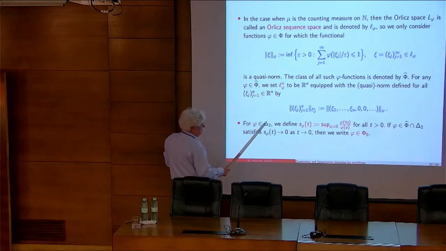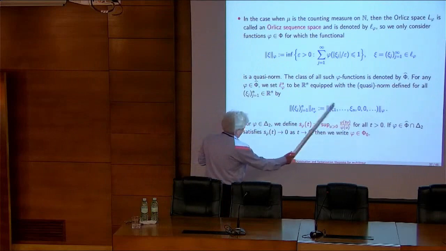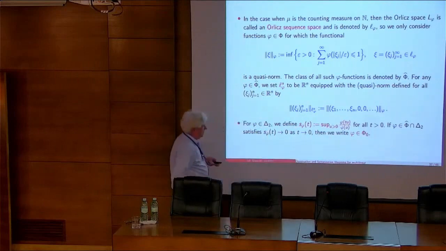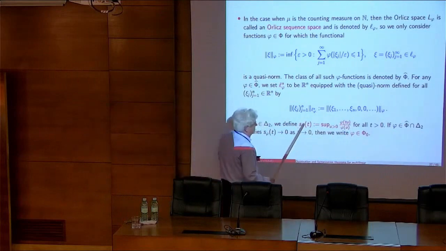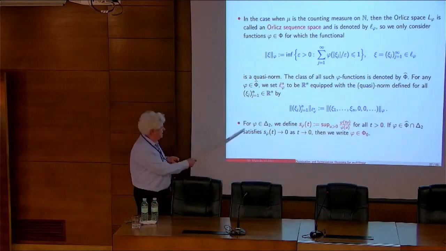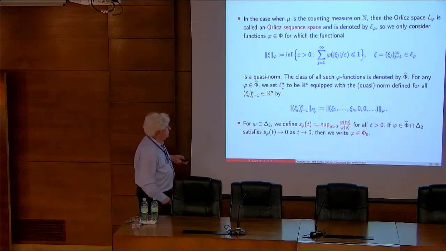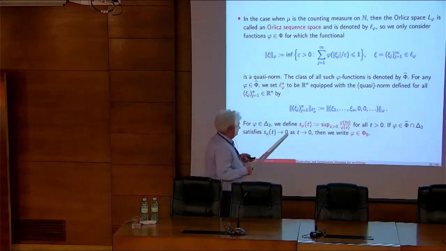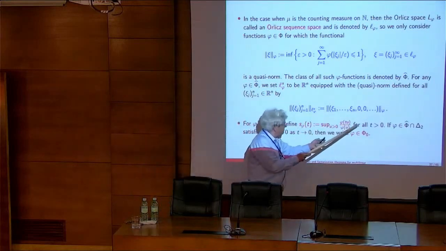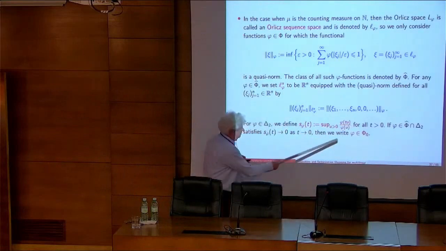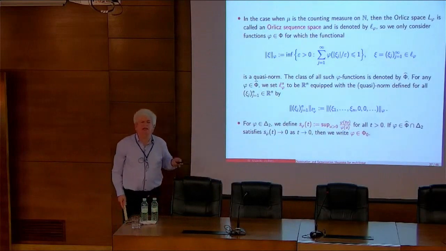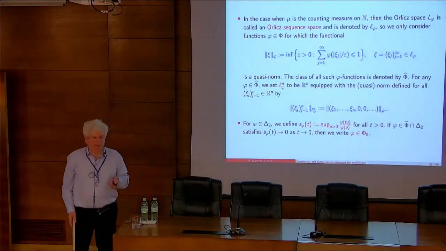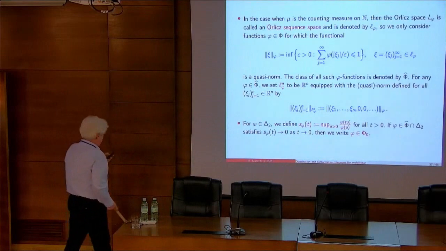Whenever a function satisfies the delta 2 condition, this means that with constant 2 this supremum is finite. This generates a submultiplicative function on the positive line whenever phi satisfies the delta 2 condition. And whenever this approaches 0, this means by definition that the function is in capital Phi 0. This is related to the lower Matuszewska-Orlicz index, which is also called the Boyd index, being non-trivial.